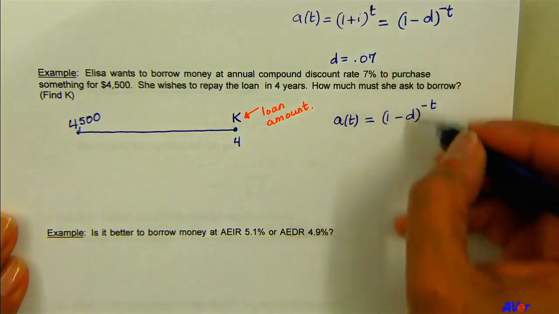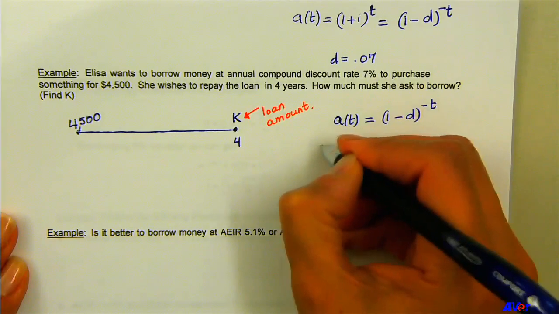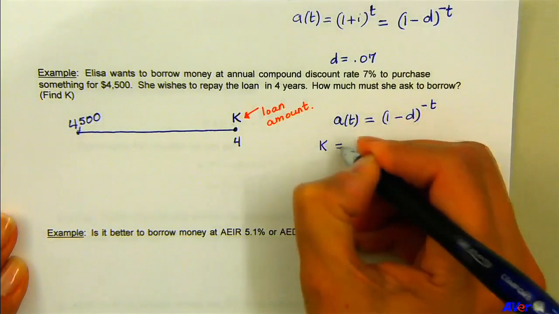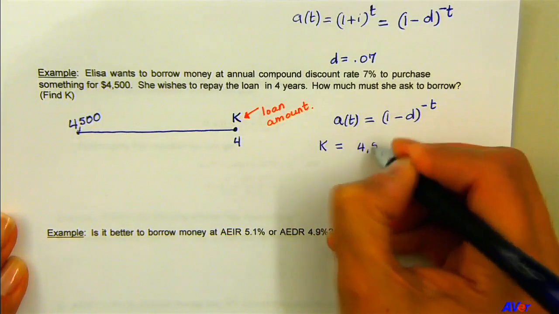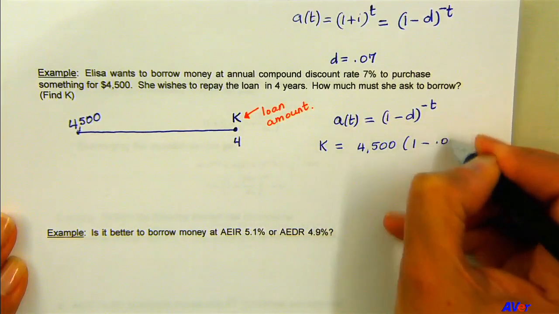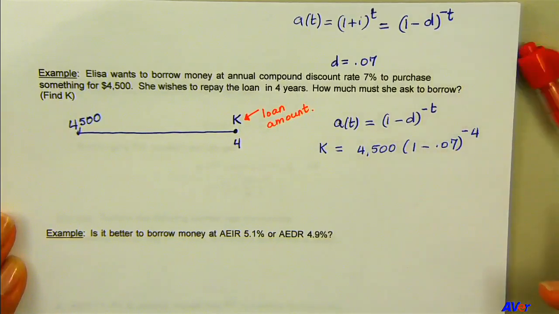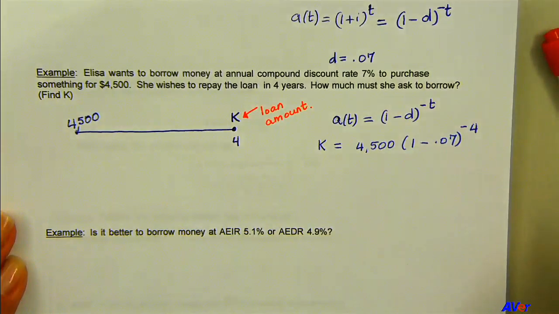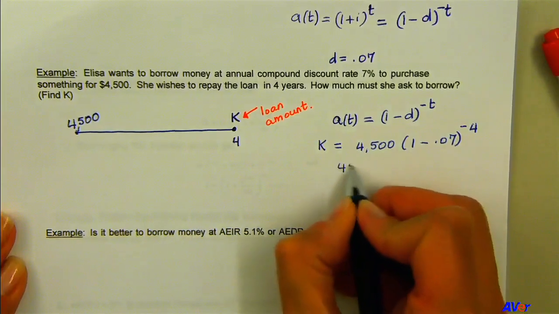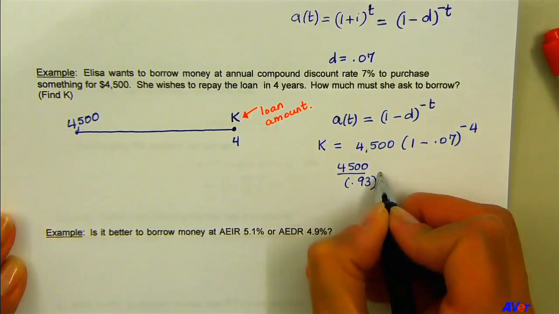Okay, anyway, so I'm here and I'm going to plug in. So K is equal to 4,500 times 1 minus 0.07 to the minus 4 power, which is 4,500 over 0.93 to the 4th.